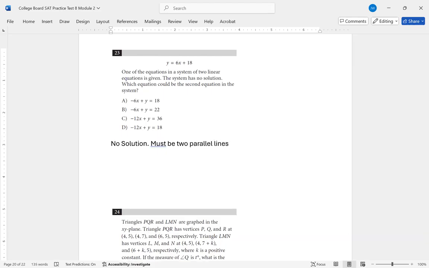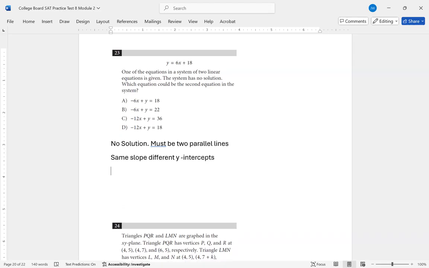And if we want parallel lines, then we want the same slope, but different y-intercepts. So that's what we want. Now, in this case, the equation of the line that's given has slope of 6 and y-intercept of (0, 18).